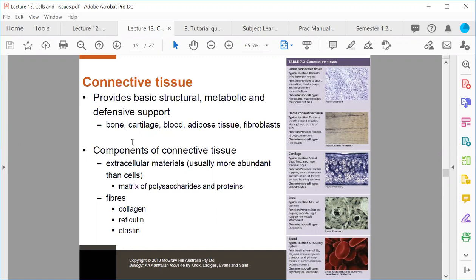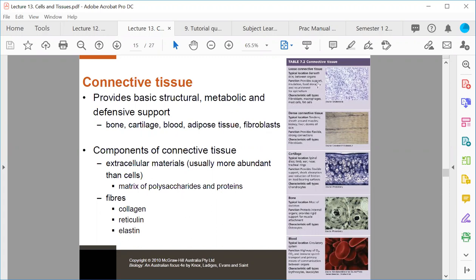Okay, so the components of connective tissue, so normally the ECM, the extracellular matrix, is more abundant than the cells themselves. And we know that the ECM is a matrix of polysaccharides and proteins. The fibres that we find in the ECM, we already know about collagen, we know about elastin, and here's another example, reticulin.